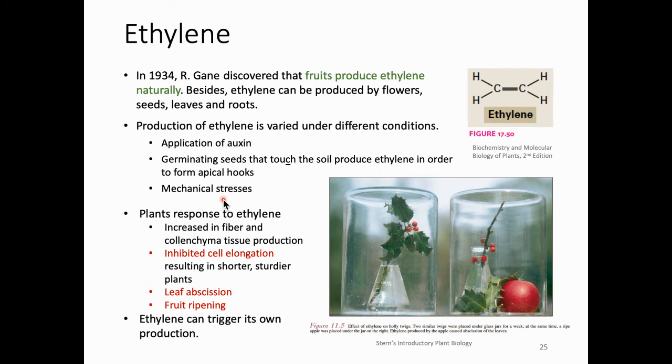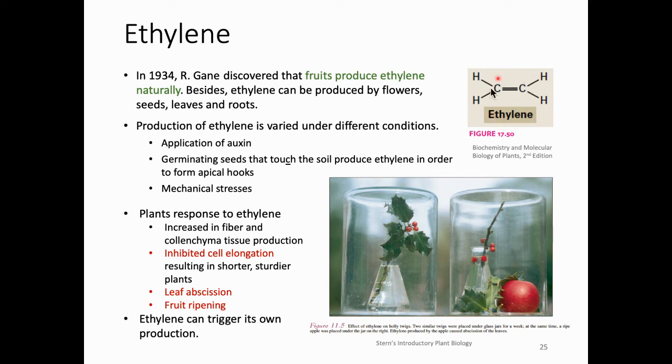Plants respond to ethylene by increasing fiber and parenchyma tissues that support the plants, inhibiting cell elongation, resulting in shorter and sturdier plants, and promoting leaf falling and fruit ripening. Ethylene can also trigger its own production as well. This is the hormone ethylene.